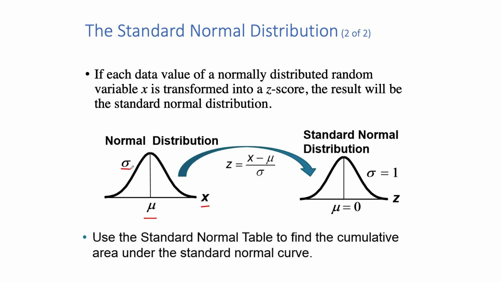I can take any normal distribution and standardize it by just applying the z transformation. So I take a value of x, I look at the difference between that value x and the mean, that's what the numerator is measuring, and then I divide that by the standard deviation of x.